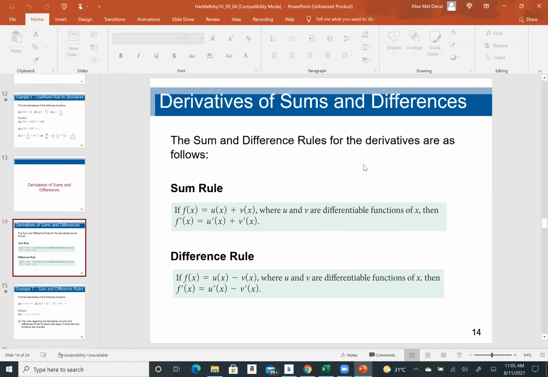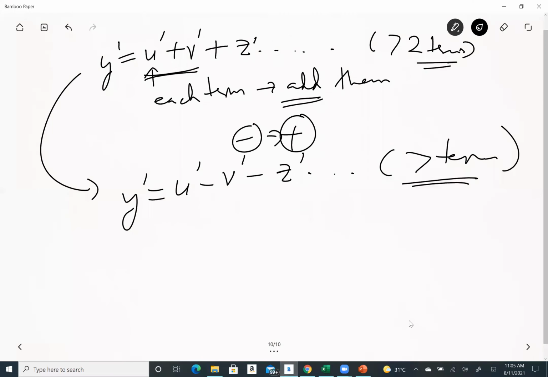All the rules here are related to what we learned. So 9.4, I would like you to do questions. You can try from number 4 up to number 14. All these things are the application of the rule.